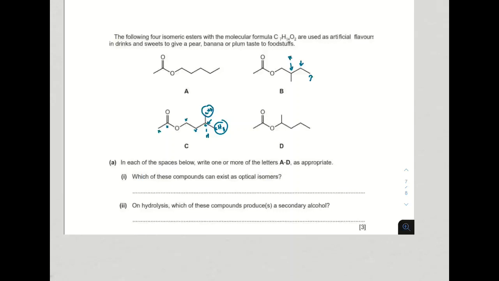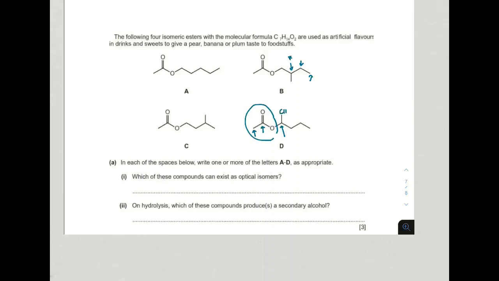So in total we do not have a chiral center for compound C. Now for D, let's have a look. No chiral center here, no chiral center here. For here, this is going to be a different group.